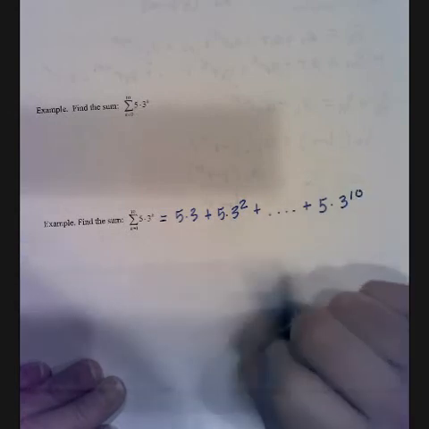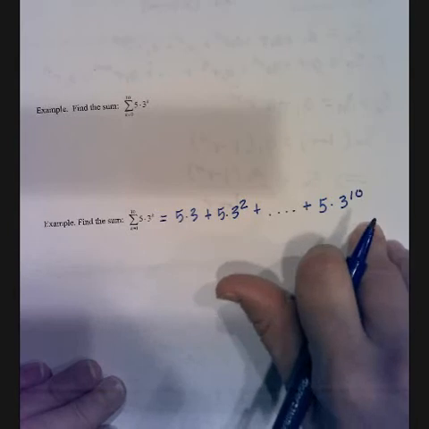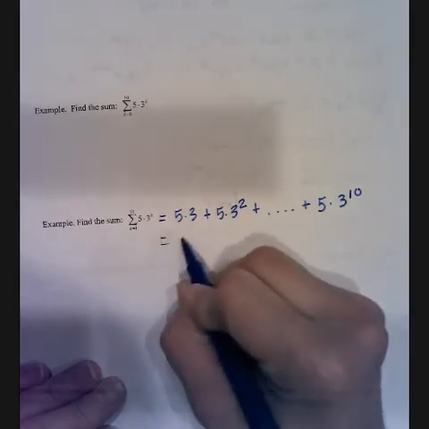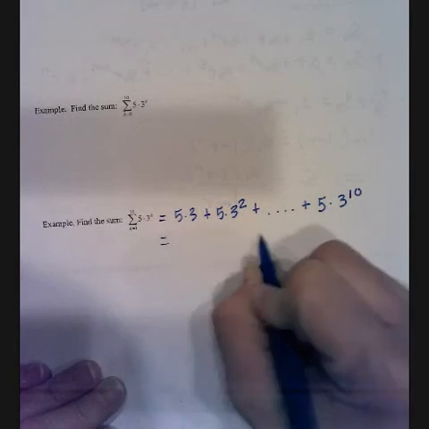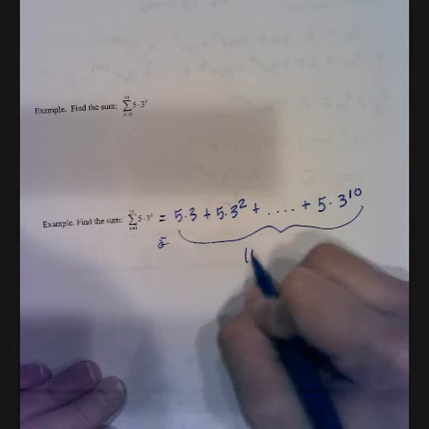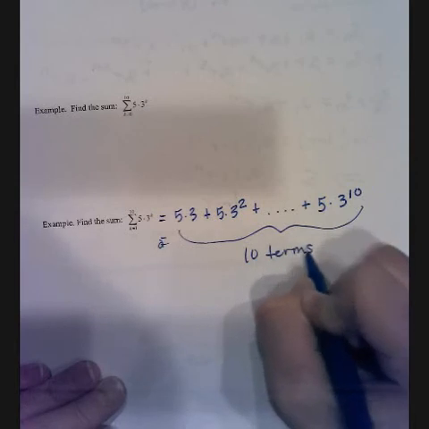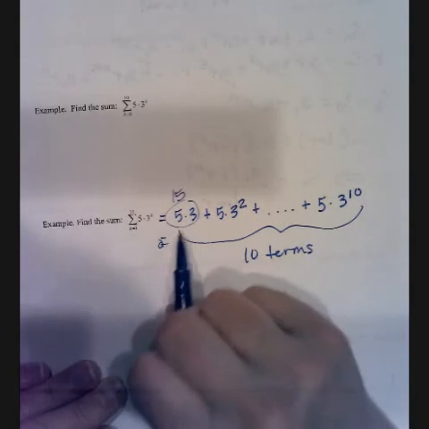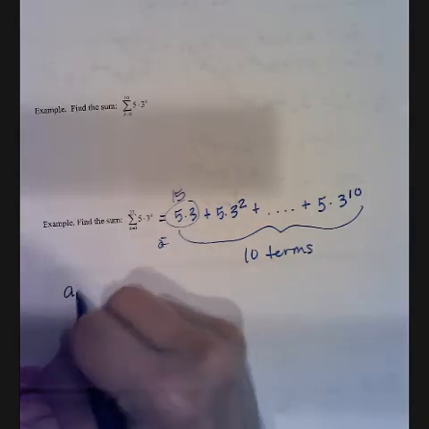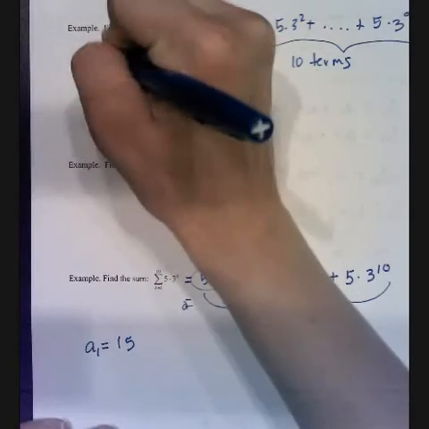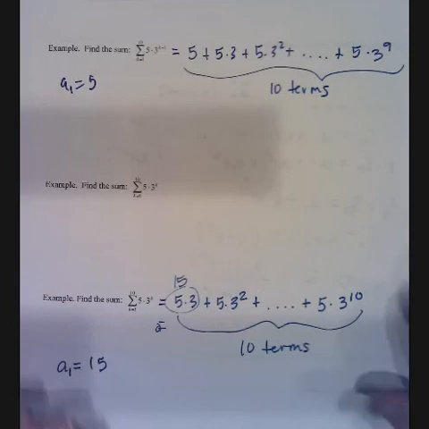So there are 10 terms, but the first one is 15. I'll just do this, 10 terms. But this is 15. So a sub 1 isn't 5 in this problem. A sub 1 is 15. And in this one, a sub 1 is 5. So they look very similar, but there's a slight difference.